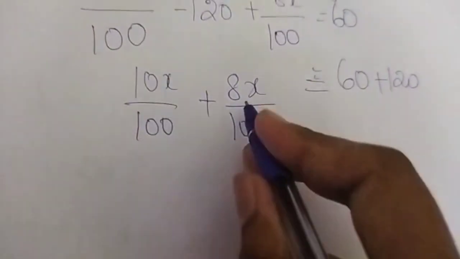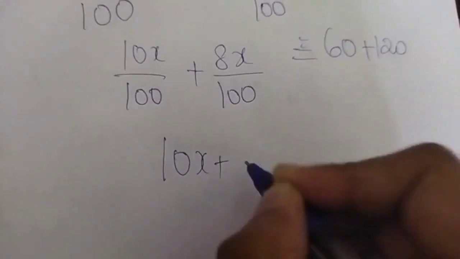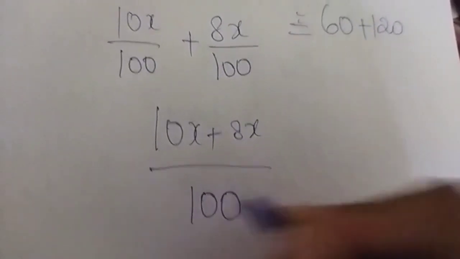So (10x plus 8x) divided by 100 is equal to 180.